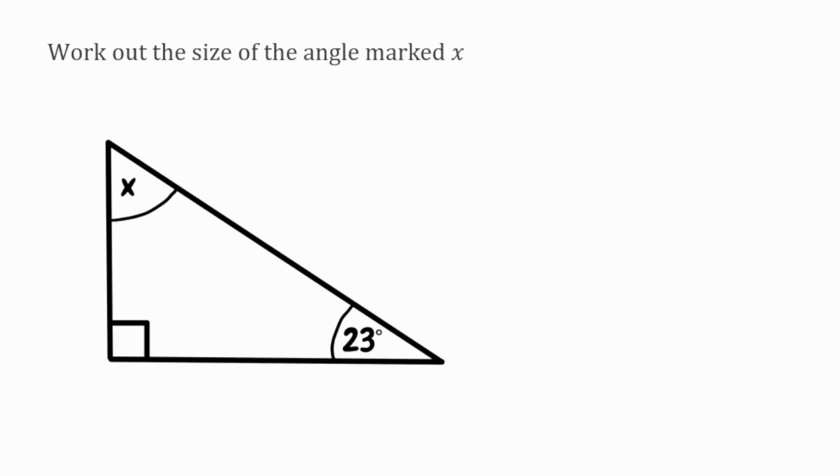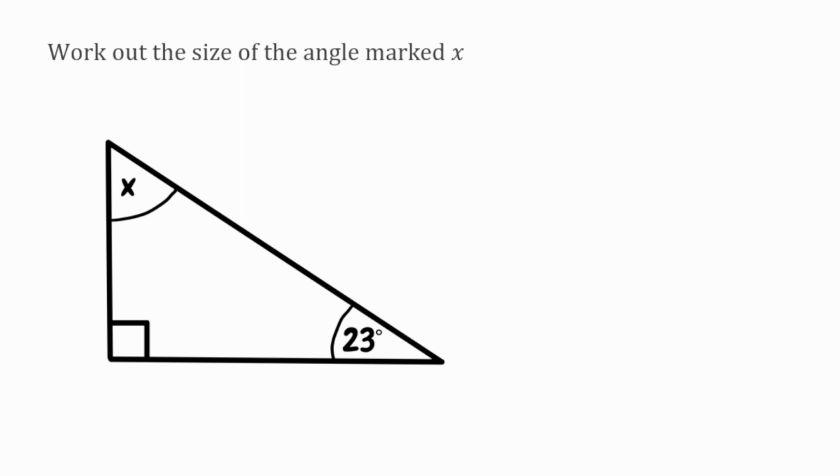Okay, for this next question, we're finding that missing angle x again. But we can see this time we've got x up at the top. We've got 23 degrees in that bottom right corner. And then we've got our right angle. A right angle is equal to 90 degrees. So we actually know two of these angles, so we can figure out the missing one. What we would do is add the angles we know.